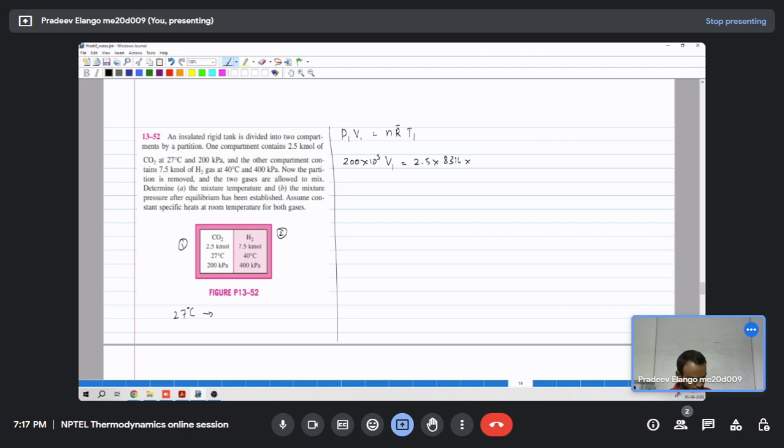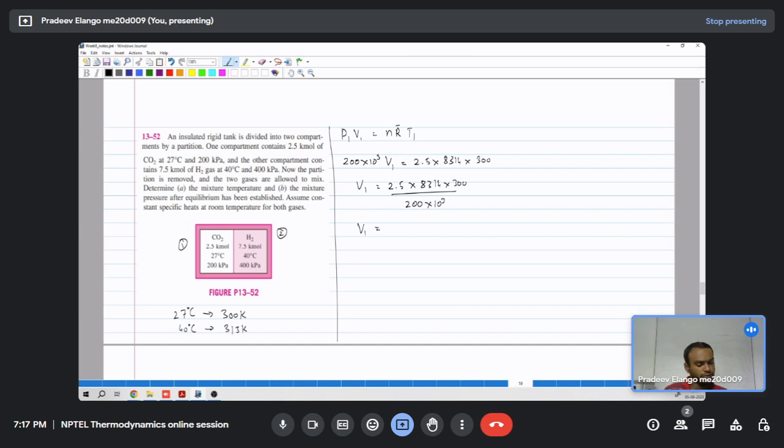That is 300 Kelvin. Similarly, for 40 degrees Celsius, it's 313 Kelvin. So V1 is 2.5 times 8314 times 300 by 200 times 10 to the power 3.